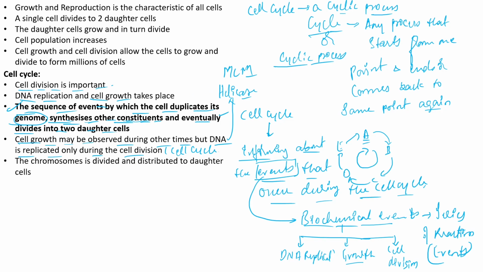Now, the chromosomes are finally divided and distributed to the daughter cells. This is also a very important event that you observe, the result of cell division, right? So, if there is one cell, it divides into two daughter cells.